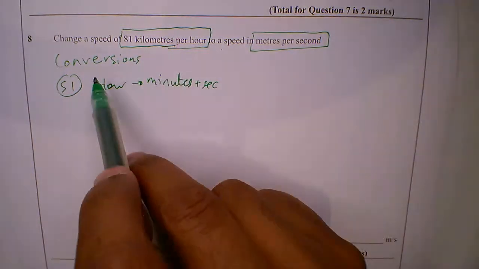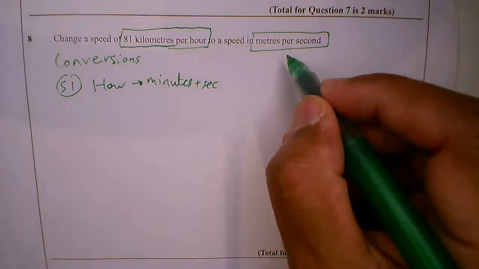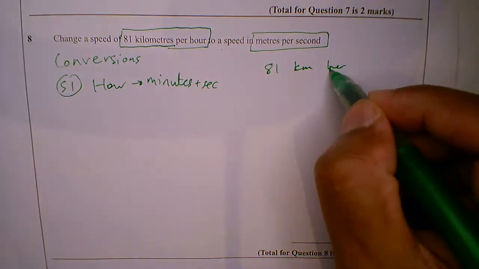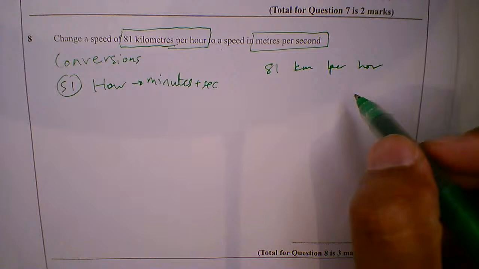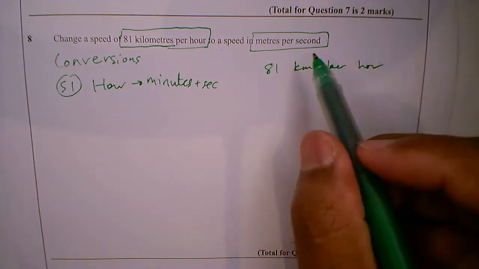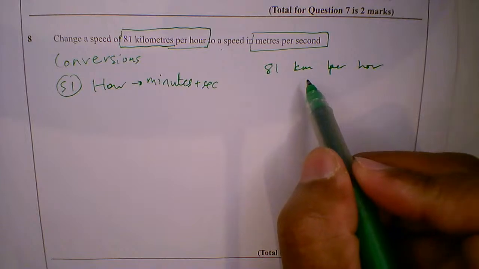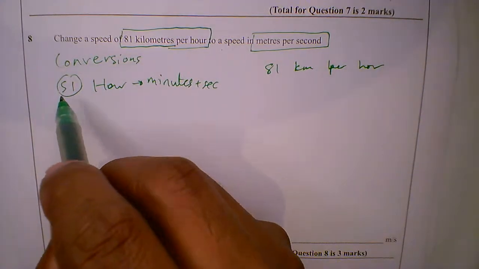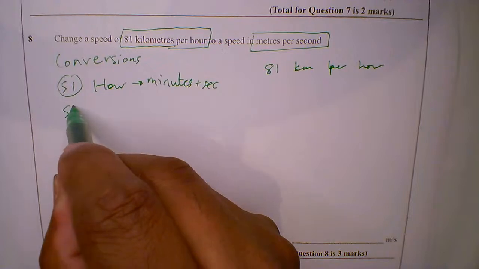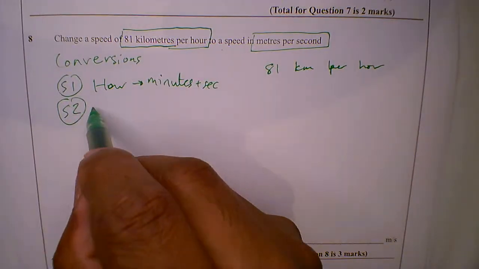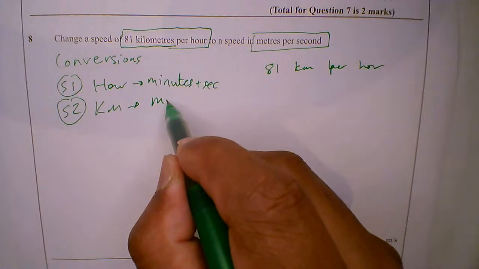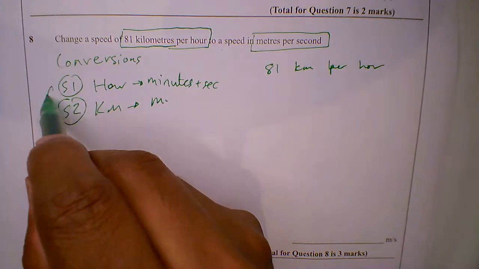So I need to put it in this format. What does 81 kilometers mean? That's another conversion that I need to do. So I need to also change it to meters and kilometers. I've got the order the wrong way round.